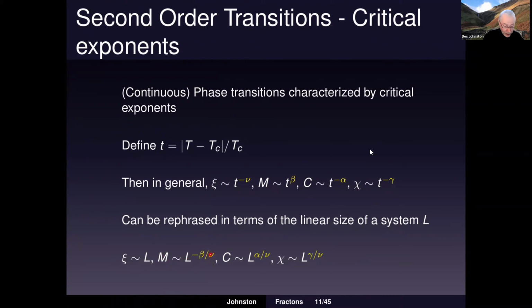So now the correlation length exponent appears here as well. And I would expect the specific heat to have a peak that scales like this. And I would expect the susceptibility to have a peak that scales like this. So these M, C, and chi are the things that I'd be measuring in any numerical simulation.